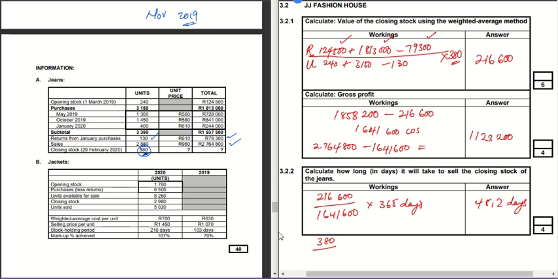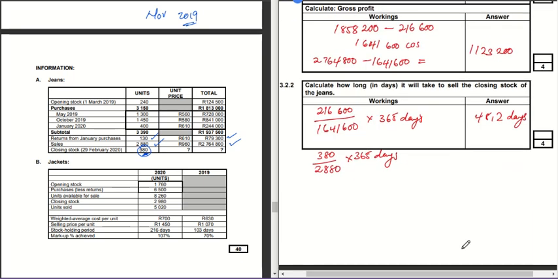They told you here sales are 2,880 units. So in simple words, what this method is saying is, in 365 days, you have sold 2,880 units.